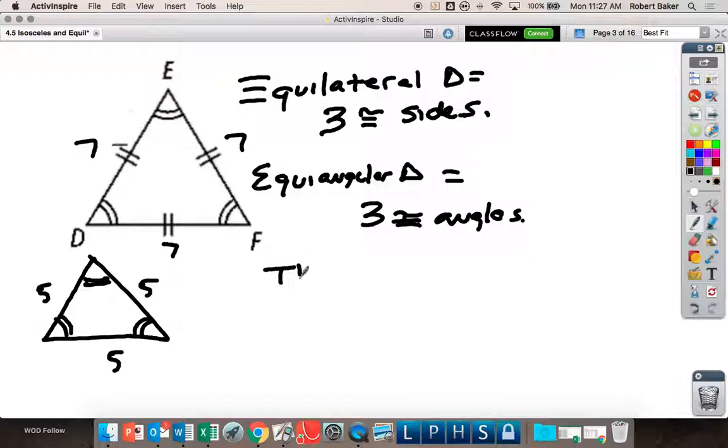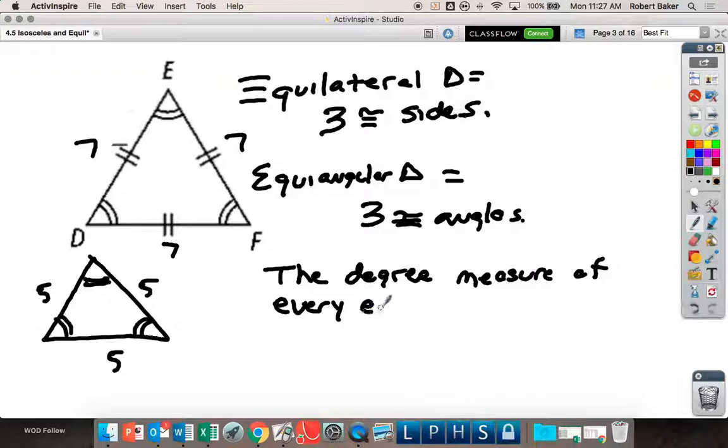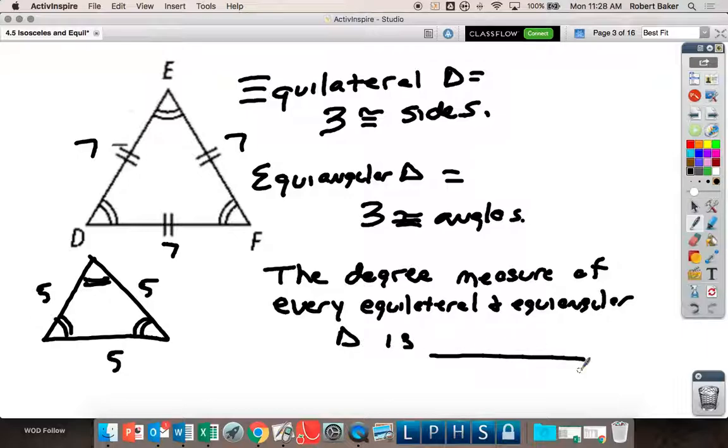So, the degree measure of every equilateral and equiangular triangle is 60.